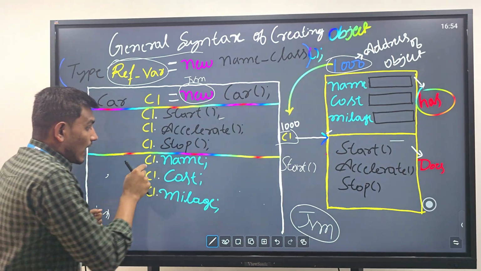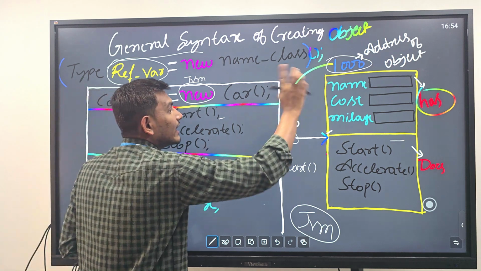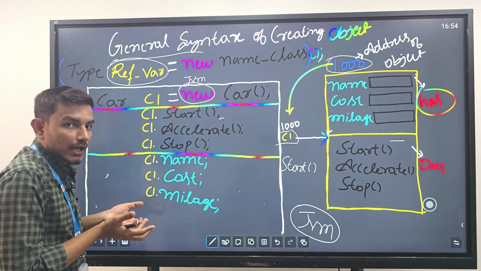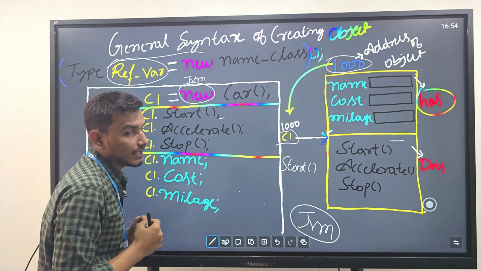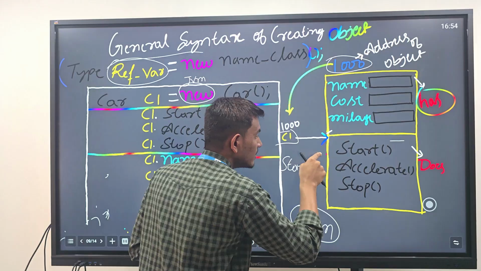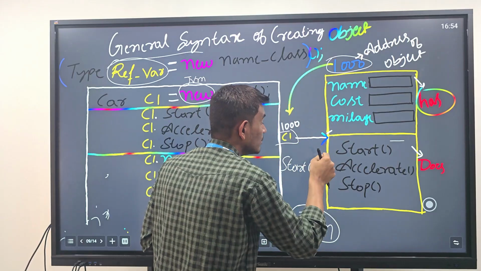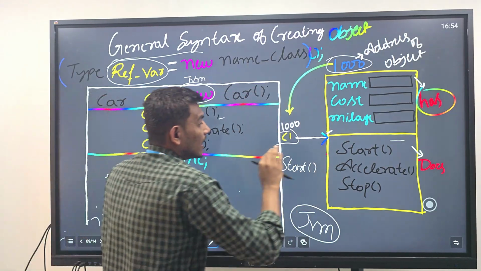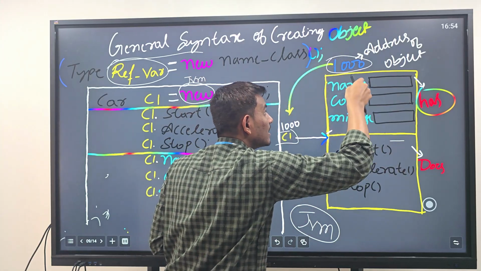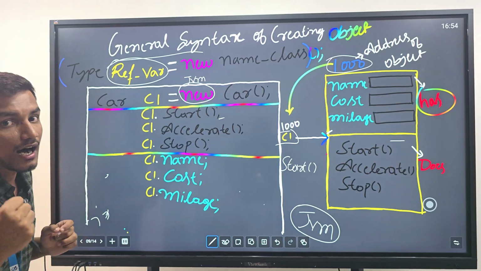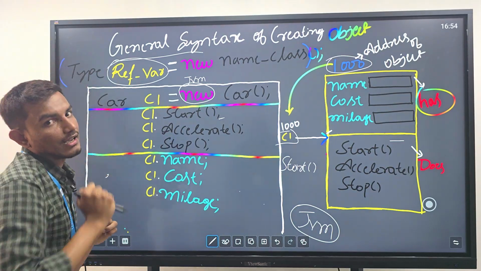Now, guys, I want to go and take the name, the same thing. Reference variable, that is C1, dot operator. It means, guys, with reference variable C1, I will go here. I want to go inside with the dot operator. Guys, if I specify the dot operator, you will reach inside. Now you are able to access the name, that is a property of the car.